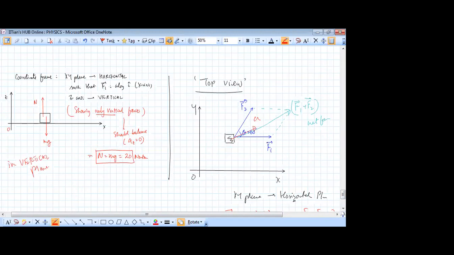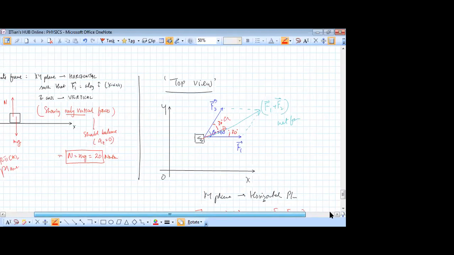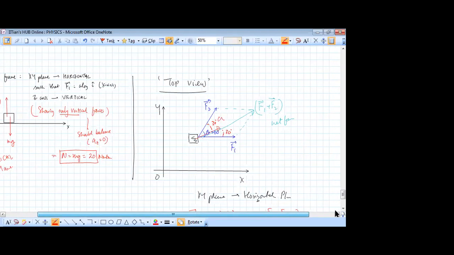So I am seeing the horizontal forces F1 and F2, both of which are equal in magnitude but at an angle of 60. So their net is along this direction, which is the diagonal of the rhombus. So remember, it will bisect it. So this angle becomes 30 degrees, this angle becomes 30 degrees. Okay, but anyway, here you are asked to find only the magnitude of the acceleration. So that is becoming like this.